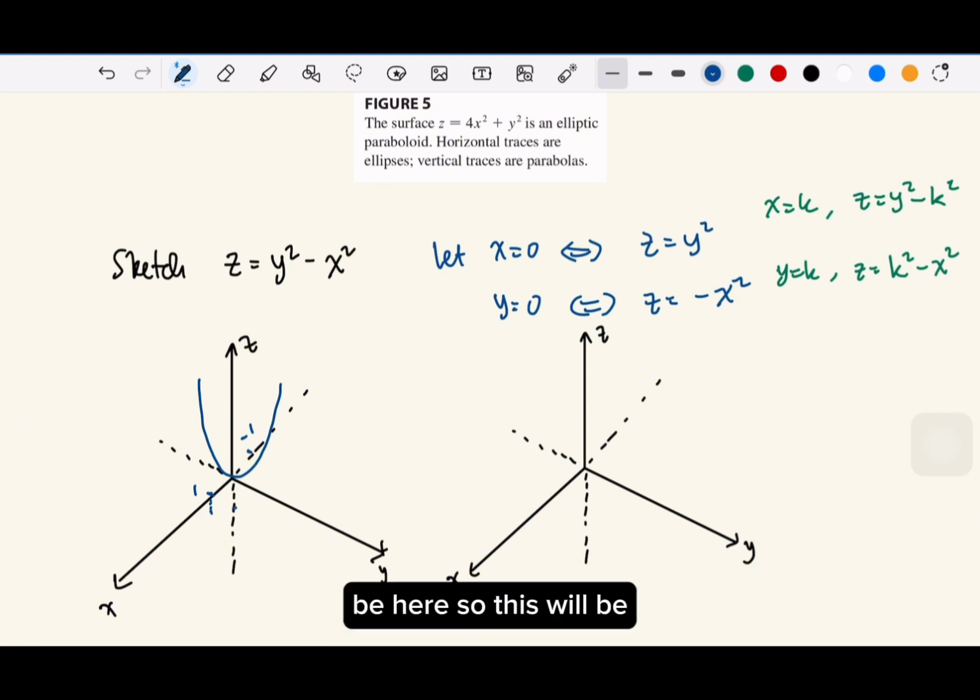Let me use a different color. So it's going to be down on 1 and also down on negative 1 here. So you see that? Okay.